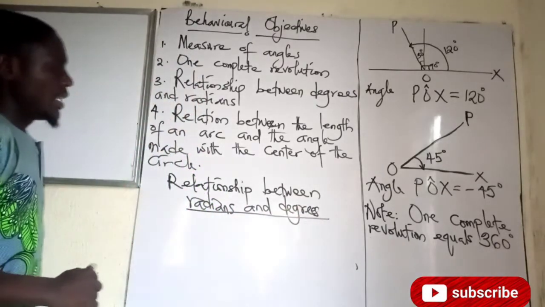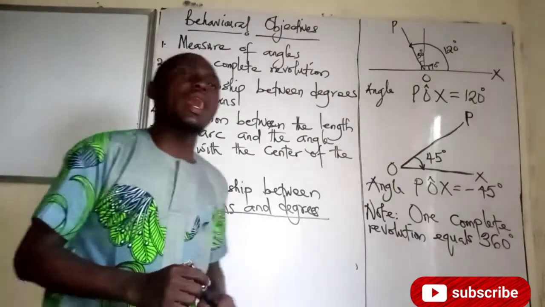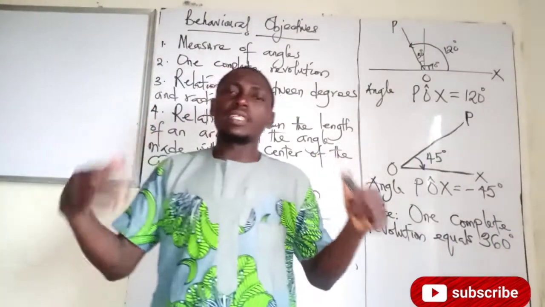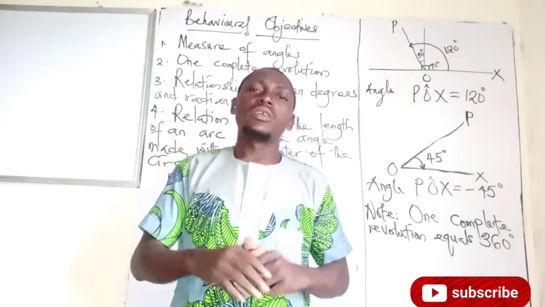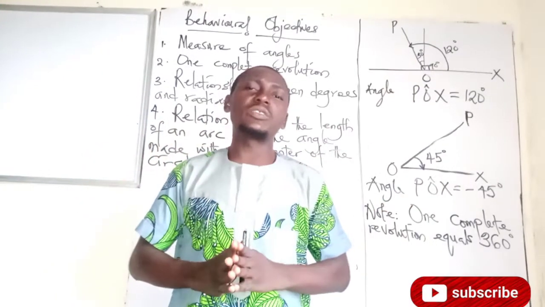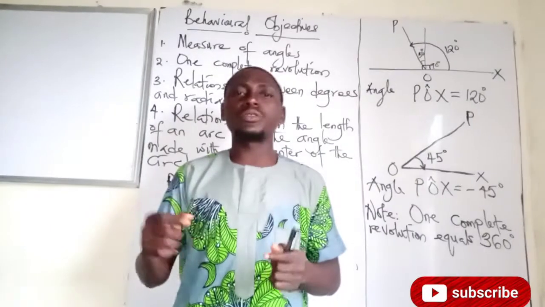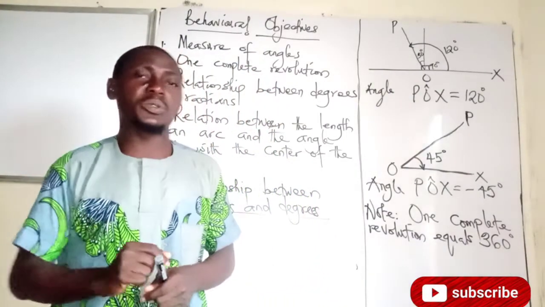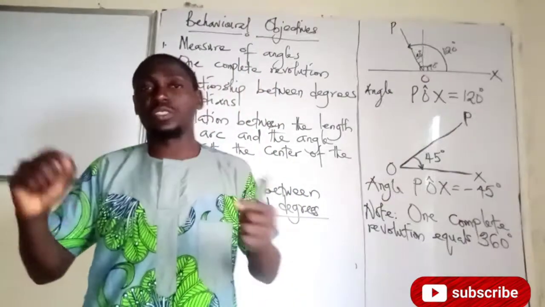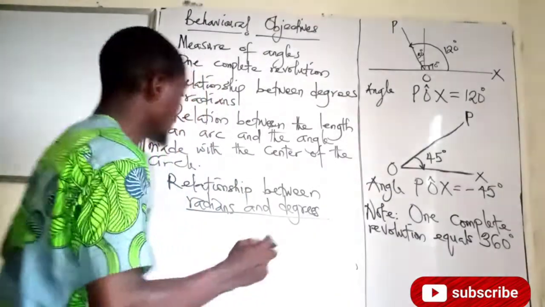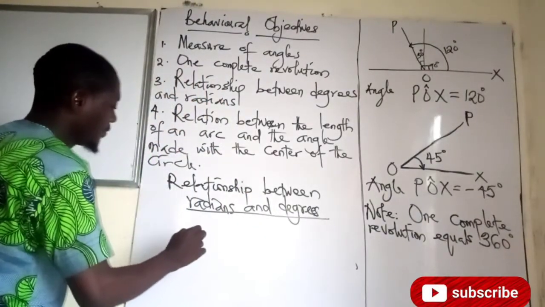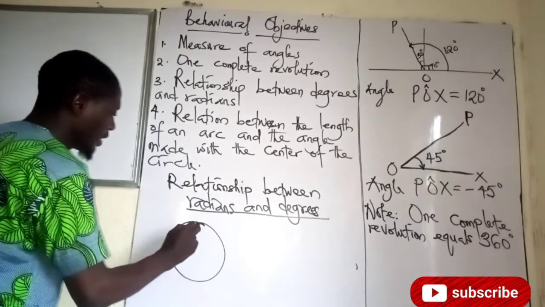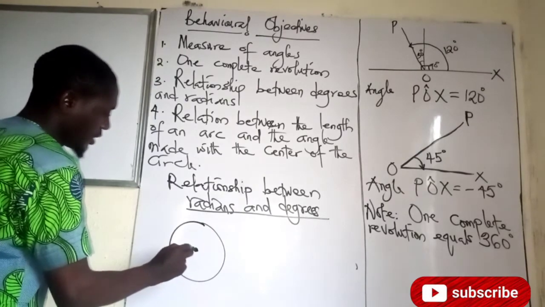Now, let's say we have a circle with the length of an arc equal to the radius of the circle. What am I saying? Let's say this is a circle, and this is the center of the circle.